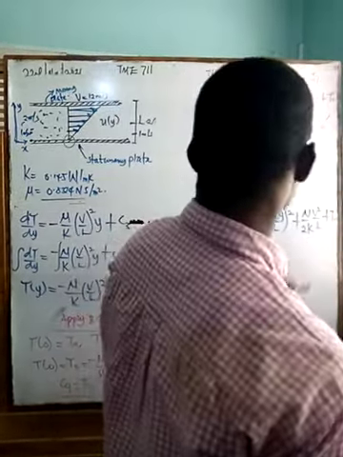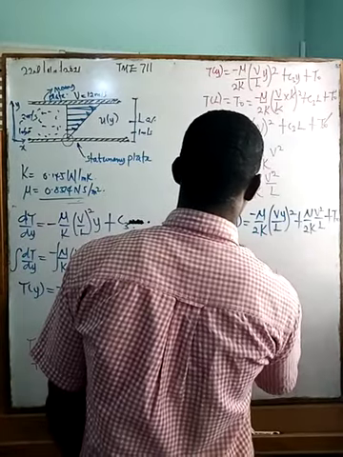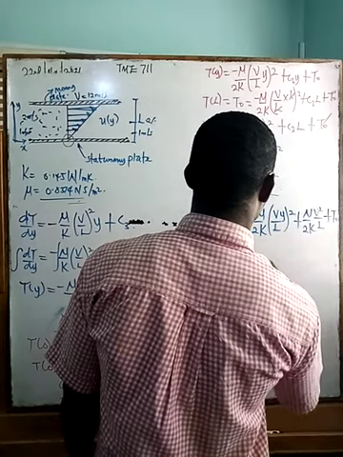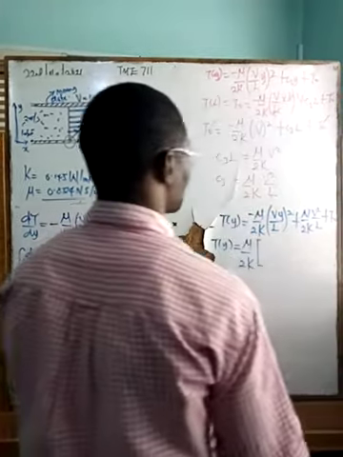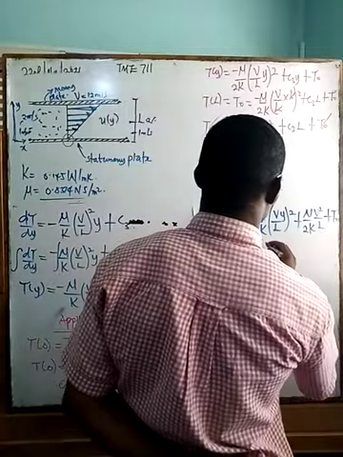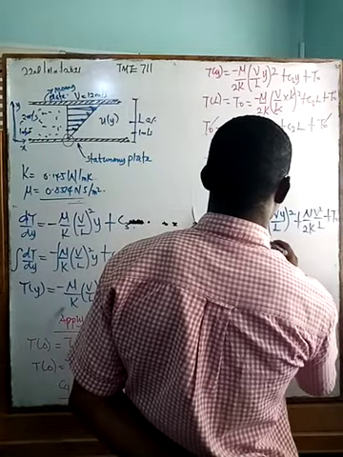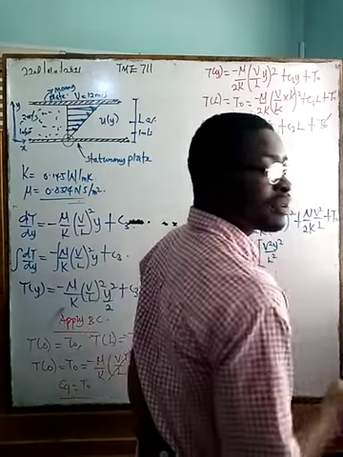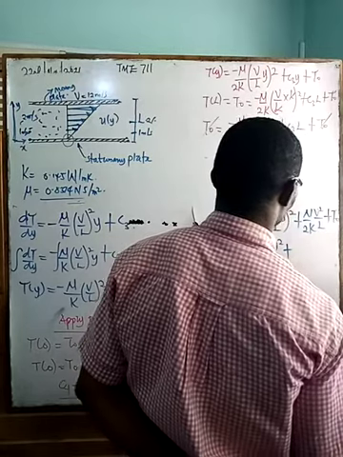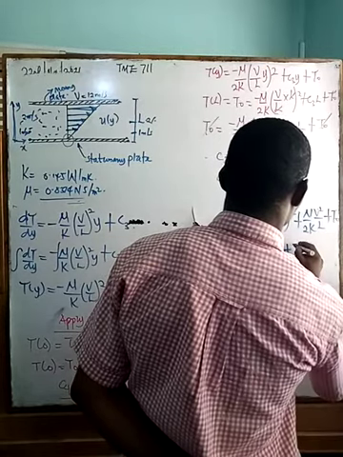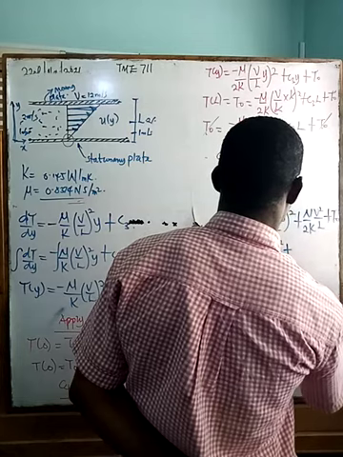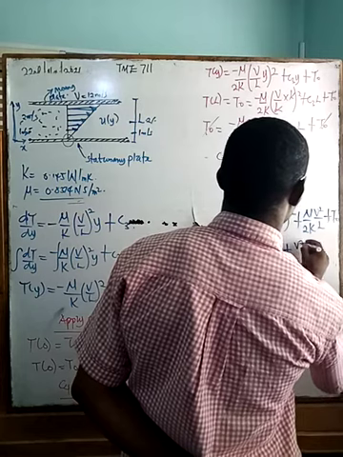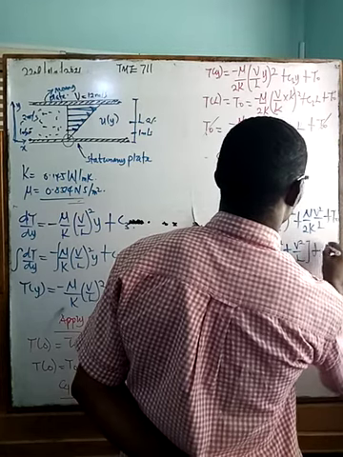So we can factorize this one as T of y is equal to mu all over 2k into brackets V square y square all over L square minus y plus V square all over L, then plus T0.